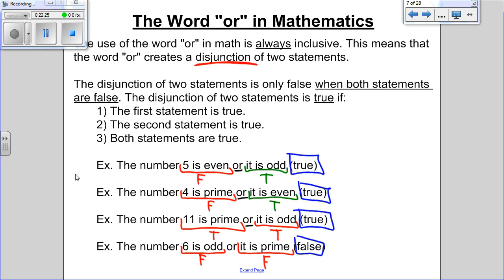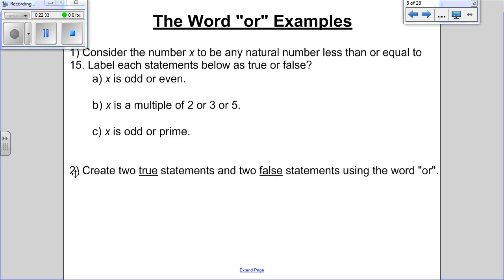Yeah. Or examples. This one's a little tricky because people are like, what do you mean consider the number x? It says consider the number x to be any natural number. Natural numbers is something that might come up in your world. It might be in a test or on a diploma. A natural number means it's a counting number, like you could count it on your fingers if you had a lot of fingers. So 1, 2, 3, 4, 5, 6, 7, all the way up to infinity.